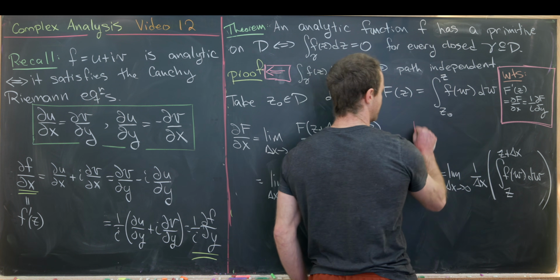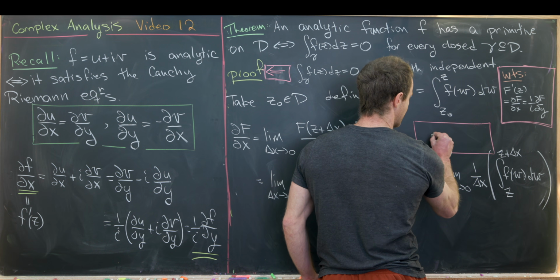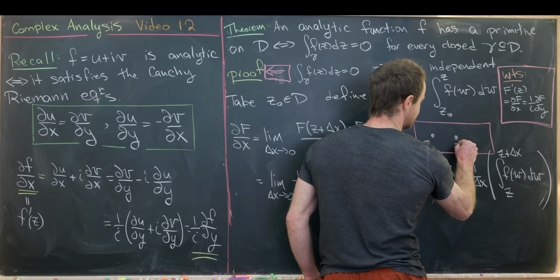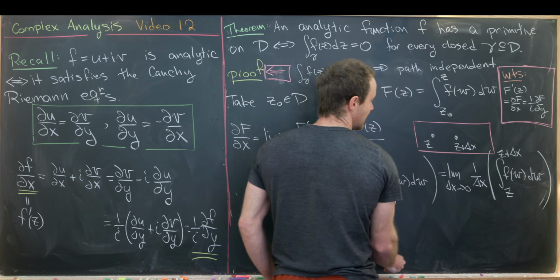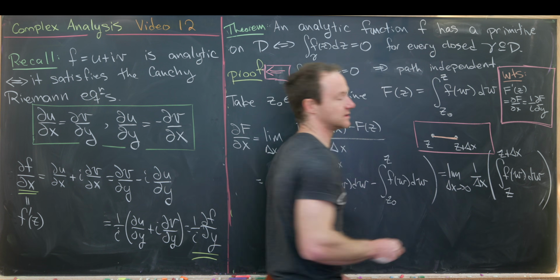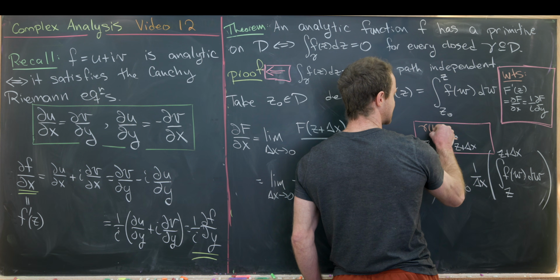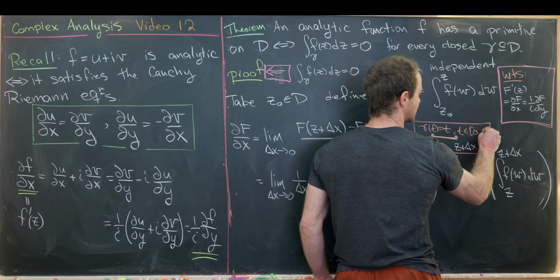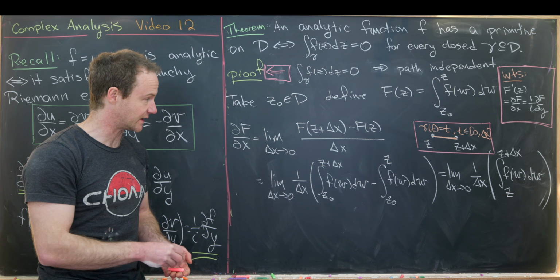So let's draw a little picture of what's going on right here. So let's say we've got the point z right here, and then z plus delta x, like I said, will be a horizontal line segment. And so we can parameterize it as gamma of t equals t, where t goes between 0 and delta x. That would maybe be a standard way of doing it.